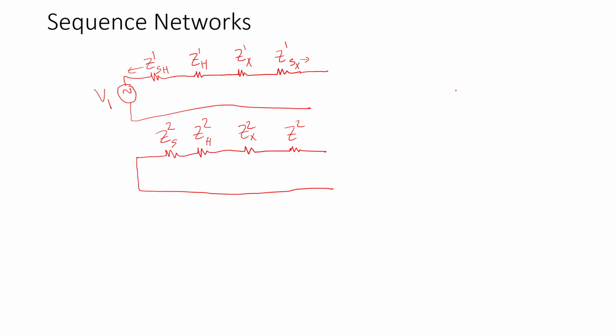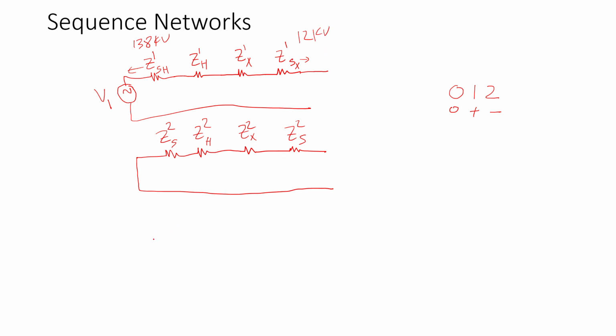Some people might write 0 for zero sequence, 1 for positive, and 2 for negative. Others might write 0, 1 plus meaning positive, and a negative sign for negative sequence. It depends, they all mean the same thing. So this is the system, and like I was saying, this might be in our case the 138 kV side, and this would be the 12 kV side.